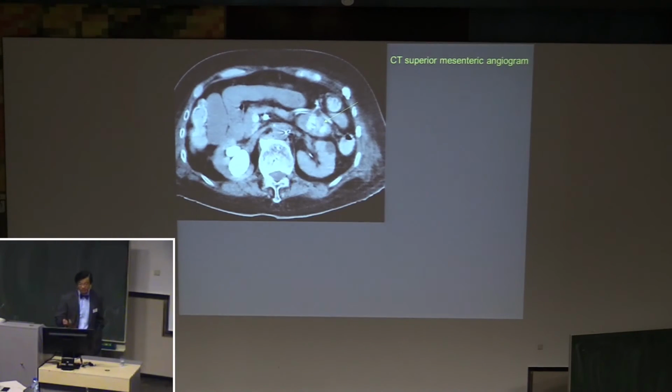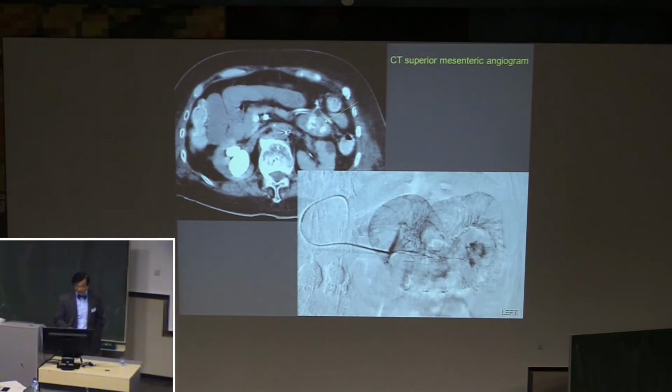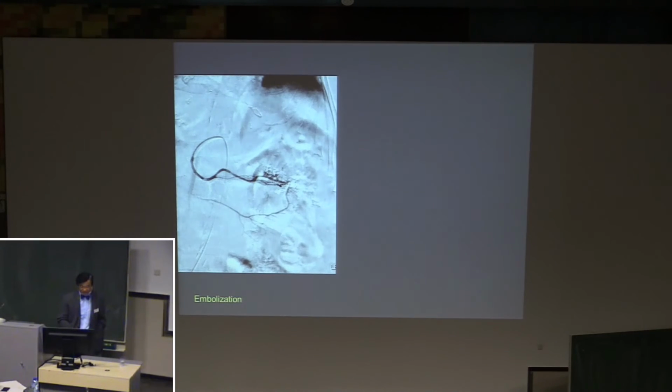So we have the benefit of immediately performing CT with the catheter in the superior mesenteric artery, and here it is. That's where the extravasation is, and this gives us the confidence to go in to look for that artery, super selectively catheterize it, and you can see the extravasation, and we went ahead and performed embolization.